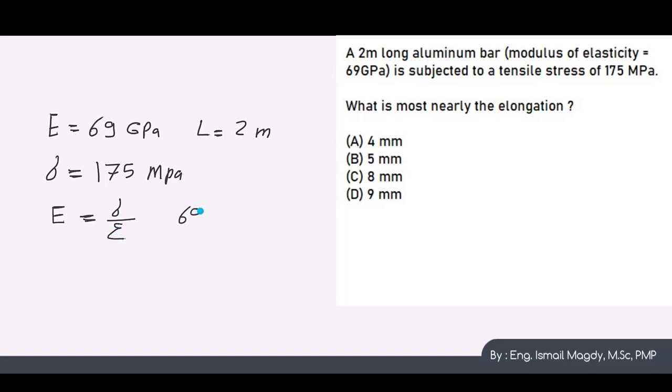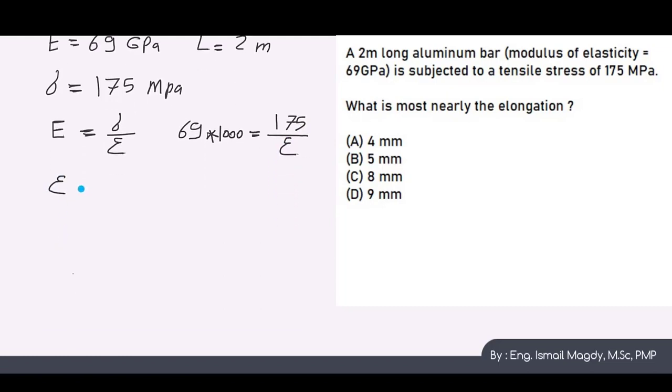So the 69 gigapascal, we have here the stress in megapascal, so let's convert the 69 gigapascal to megapascal. We'll multiply by 1000. It is very important to notice the units in this chapter. This will equal the 175 megapascal over the strain.